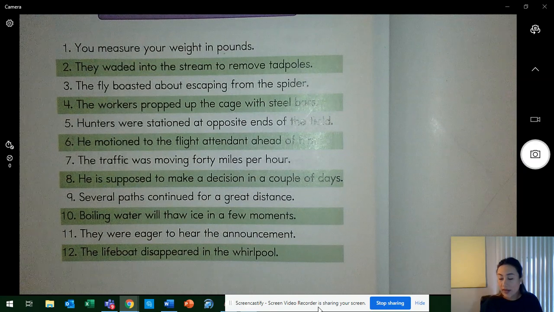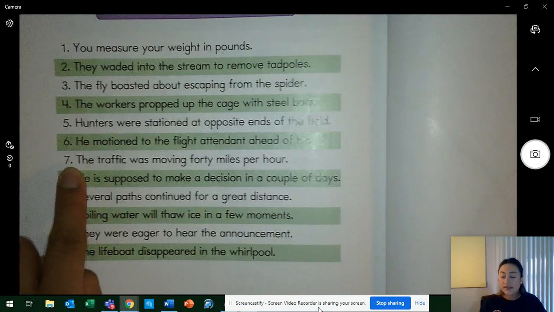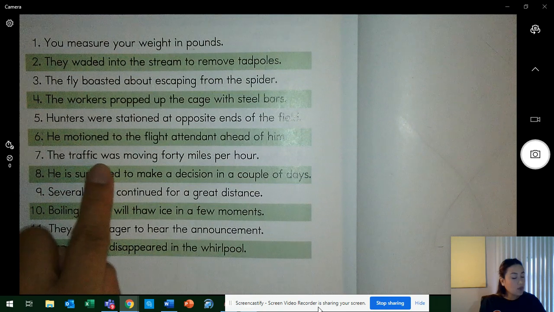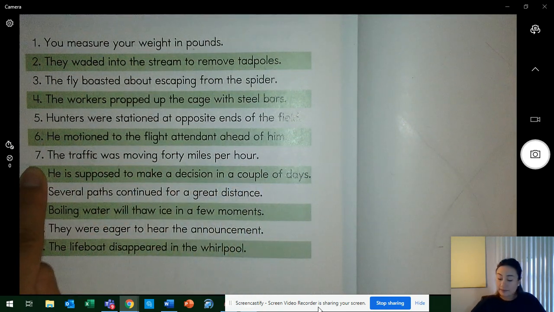Okay, everybody touch sentence 7. This is a new vocabulary sentence. Listen. The traffic was moving 40 miles per hour. Everybody, say that sentence.